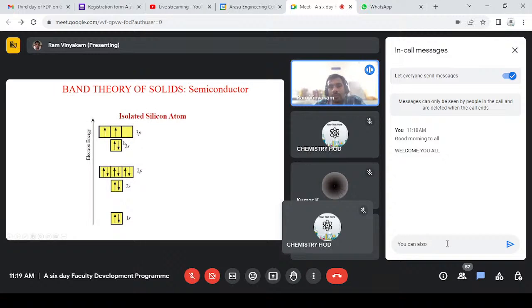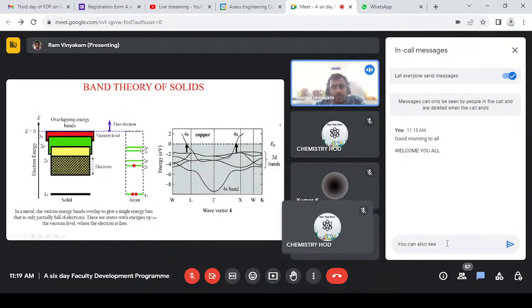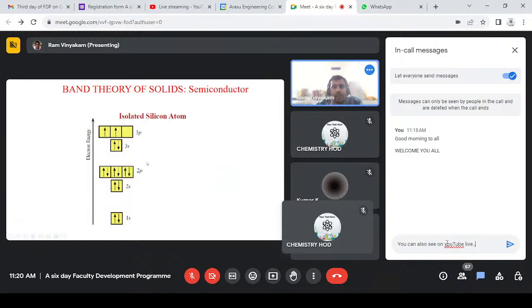As we have already seen, when the 3s and 3p electrons interact with the nucleus, the energy levels will branch out, and these branches will overlap. So there won't be much difference between 3s and 3p, and chemistry will say that hybridization takes place between these energy levels.